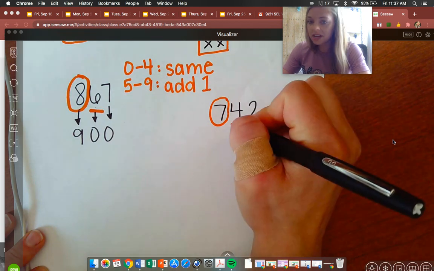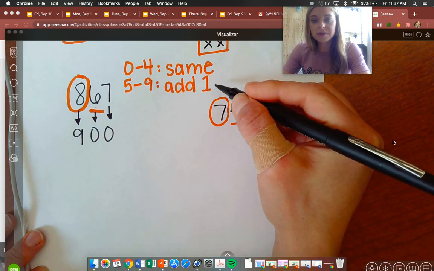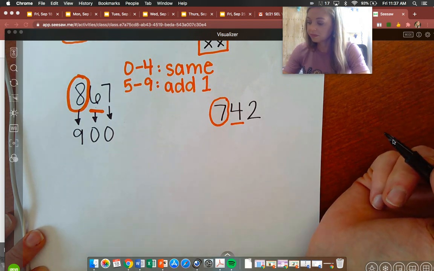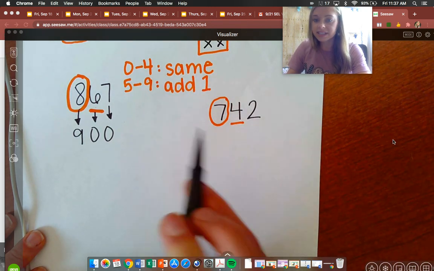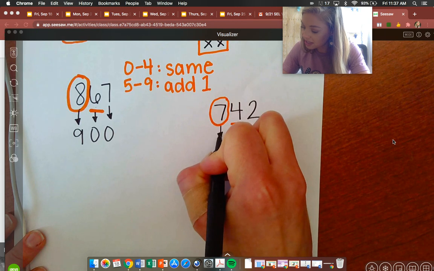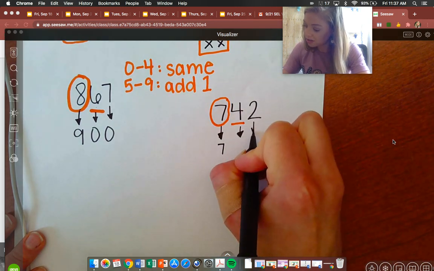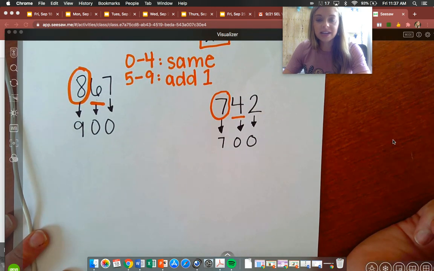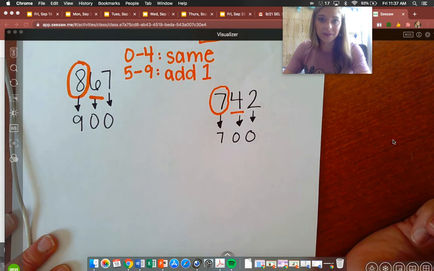So is this underlined number 4 in between 0 through 4 on a number line, or is it in between 5 through 9 on a number line? If you are thinking that it's in between 0 through 4, then you're correct. And that means the circled number stays the same. So the 7 is going to be the same. And all of the other numbers turn to 0. So that answer, 742 rounded to the nearest 100 is 700.